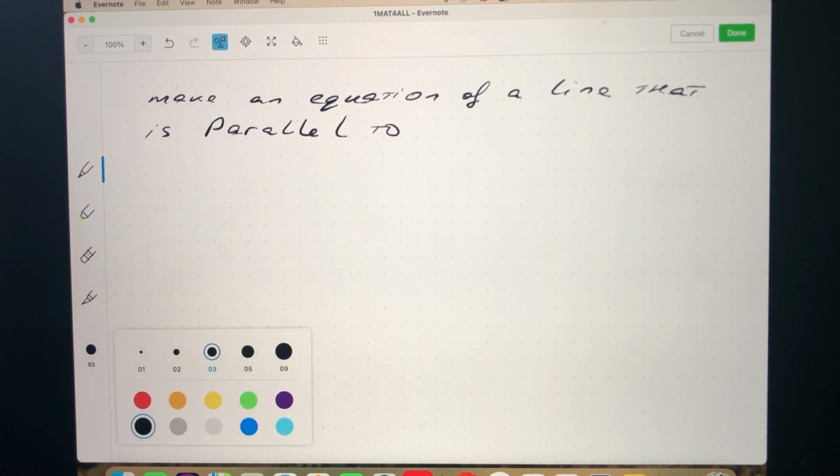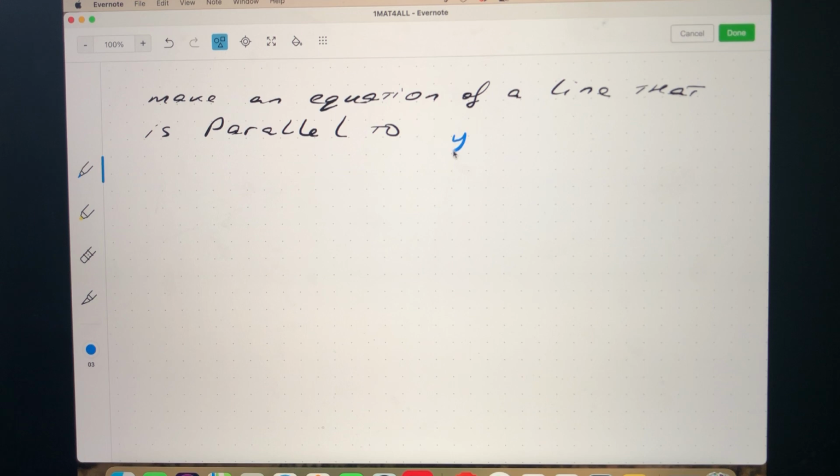So let's say our equation is y equals 3/4 x minus 2.